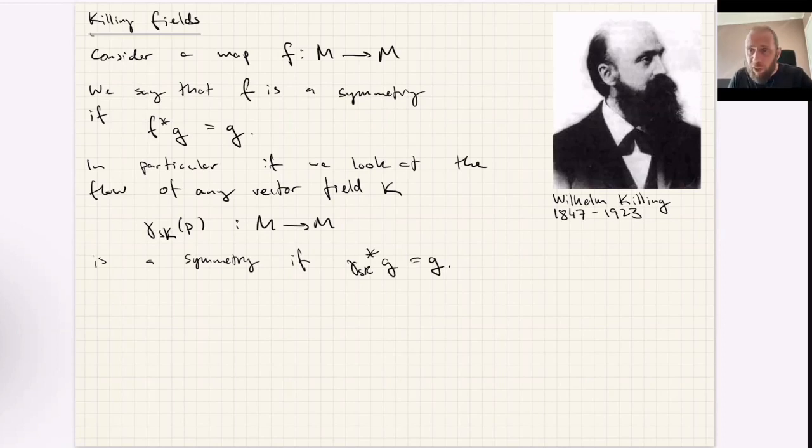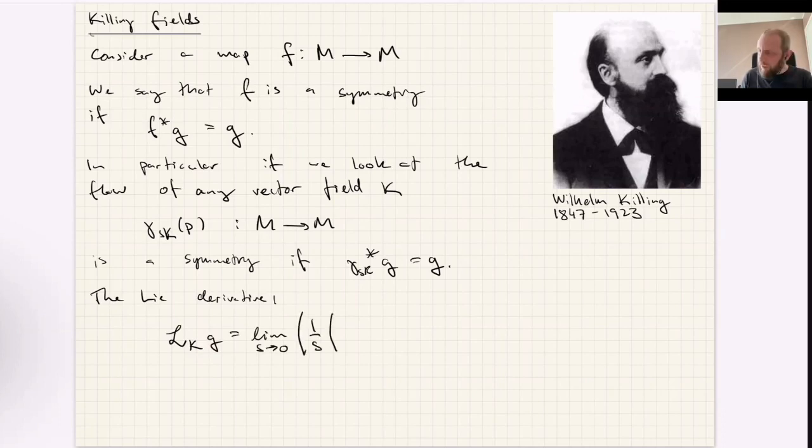Okay, but what does that mean? If you think back to what we did yesterday, we defined the Lie derivative. And the Lie derivative, we defined it as follows. We said that if we take the Lie derivative in the K direction of the metric in this case, then that by definition was the limit when s goes to 0 of 1 divided by s, and then gamma sK star g minus g, right?